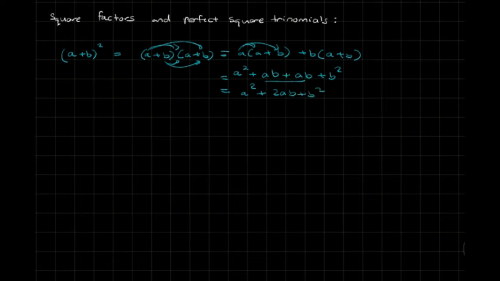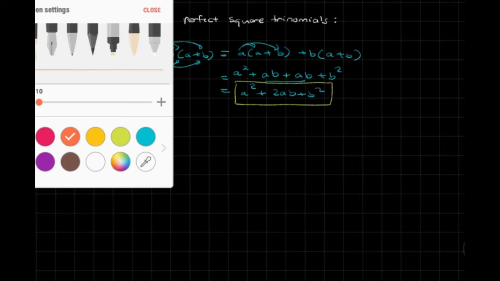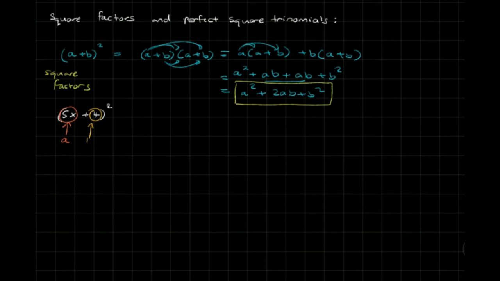And this actually becomes a very useful template, because all perfect square factors in the form of a plus b squared have this expansion, a squared plus 2ab plus b squared. For instance, if we had 5x plus 4 squared, instead of using the FOIL method, we can use this template, where we pretend that the first term is a, and the second term is b, right?